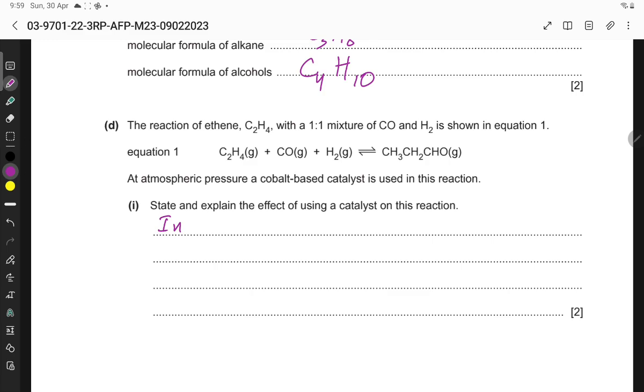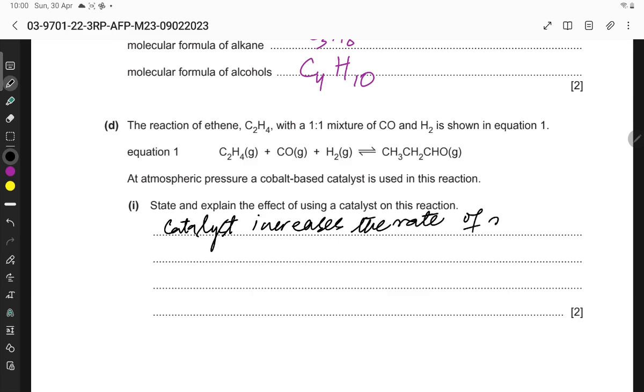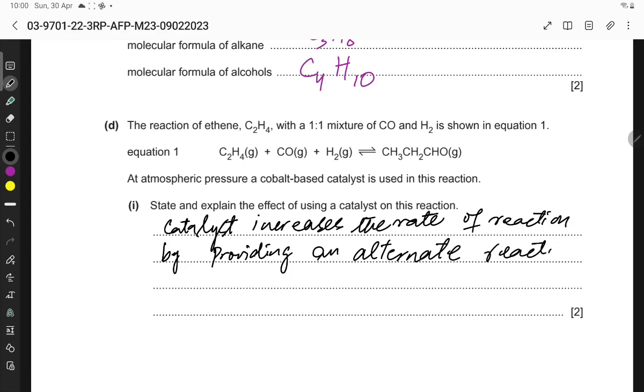Catalyst increases the rate of reaction by providing an alternate reaction pathway of lower activation energy.